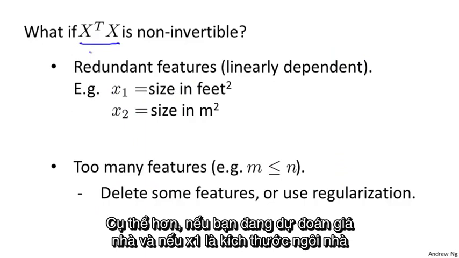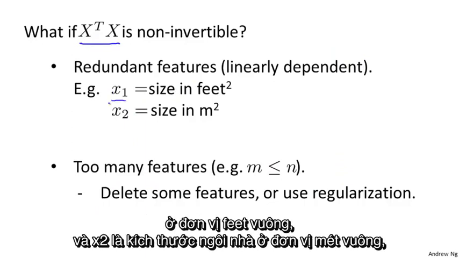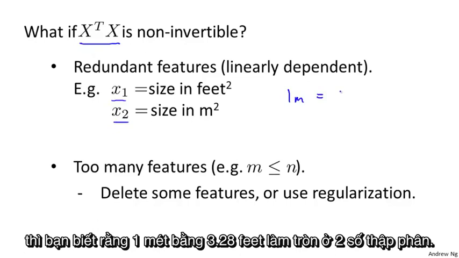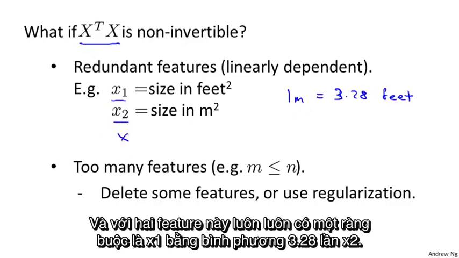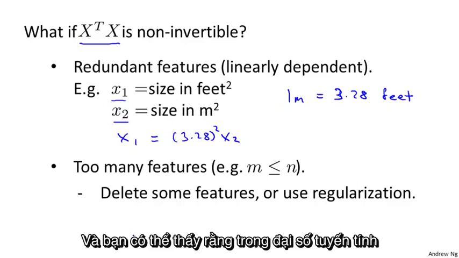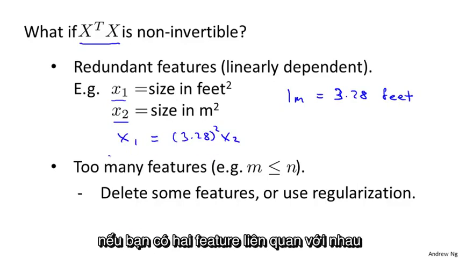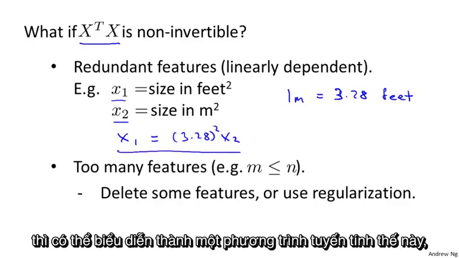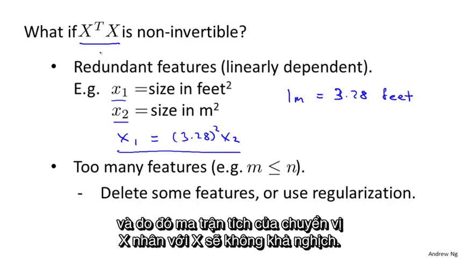Concretely, if you're trying to predict housing prices, and if x1 is the size of the house in square feet, and x2 is the size of the house in square meters, then 1 meter is equal to 3.28 feet, rounded to 2 decimals. And so your two features will always satisfy the constraint that x1 equals 3.28 squared times x2. This is somewhat advanced linear algebra, but if you're an expert, you can show that if your two features are related via a linear equation like this, then the matrix X transpose X will be non-invertible.